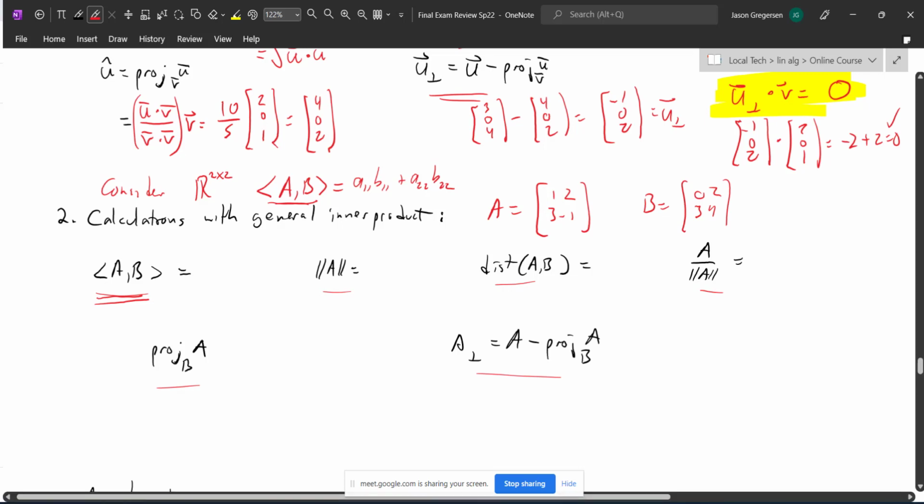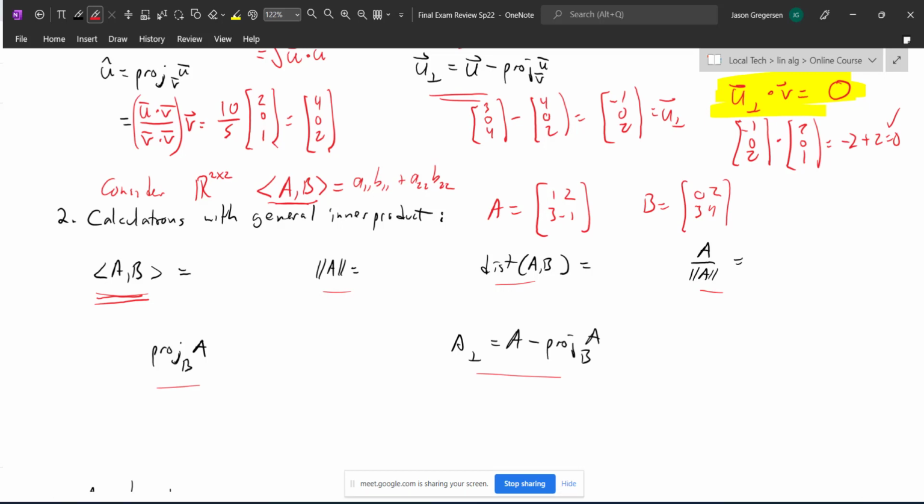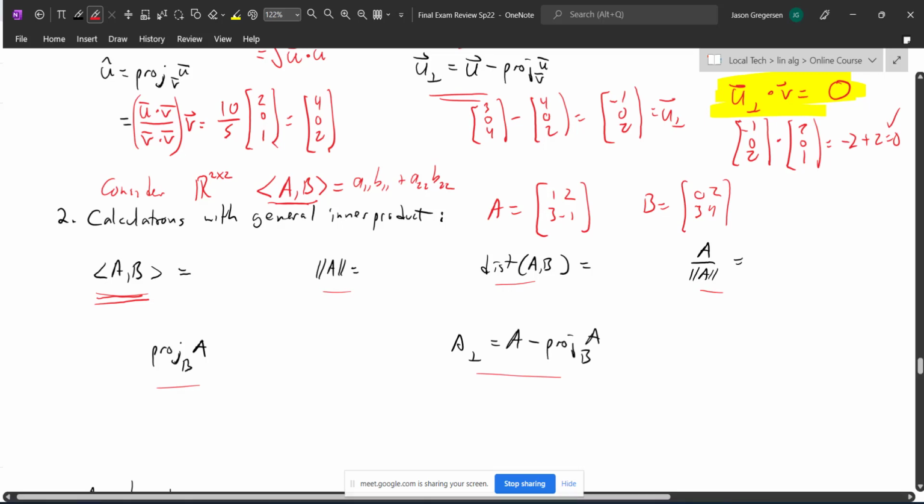Calculate A inner product B and type your answer just to that piece into the chat. And if you're stuck, feel free to type in a question mark.